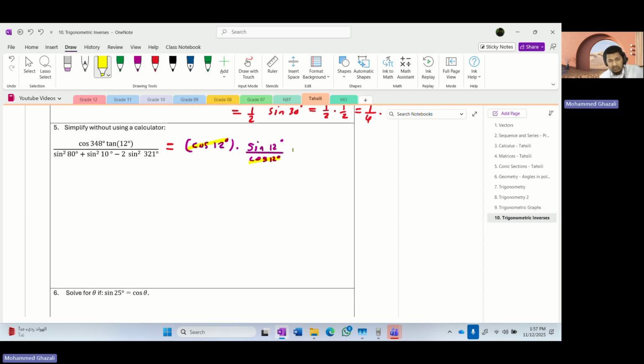So I can clearly see cos and cos cancel out. Sine squared 80, I'm going to leave it just like that, sine squared 80 plus sine squared 10 is the same thing as saying cos squared t because of co-ratio.